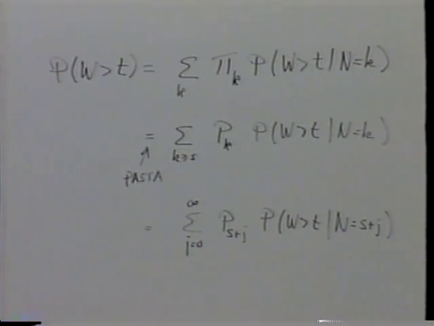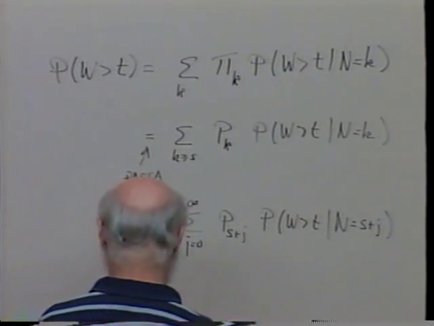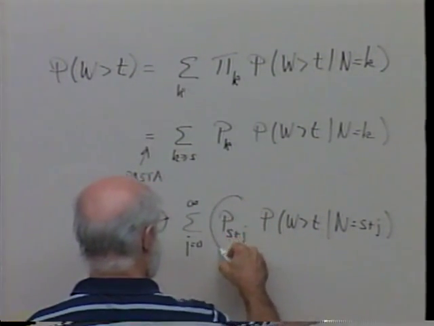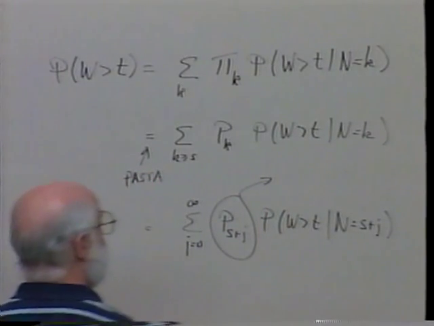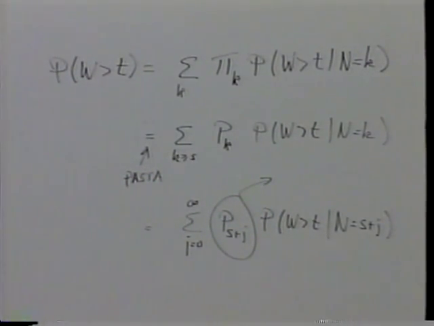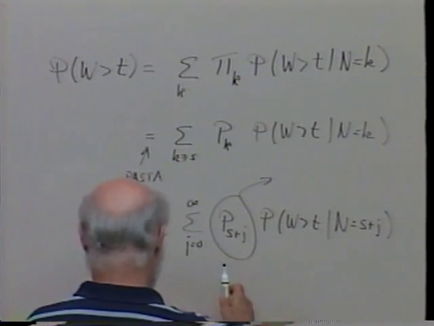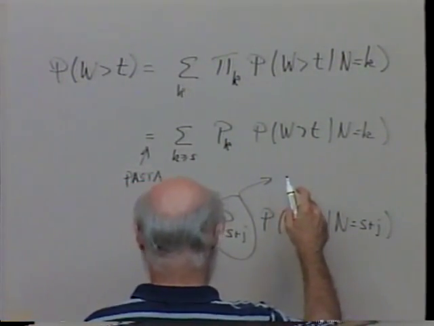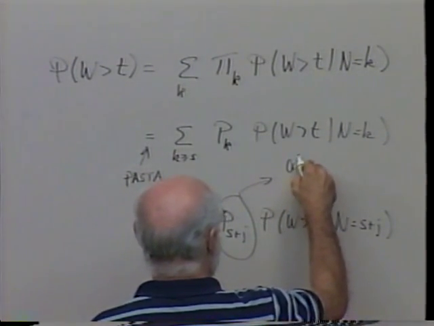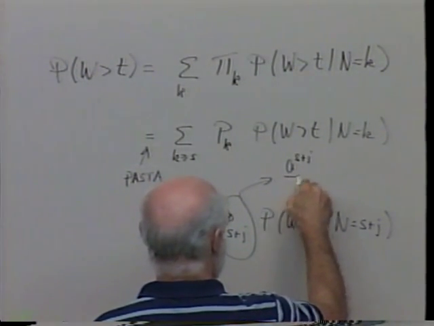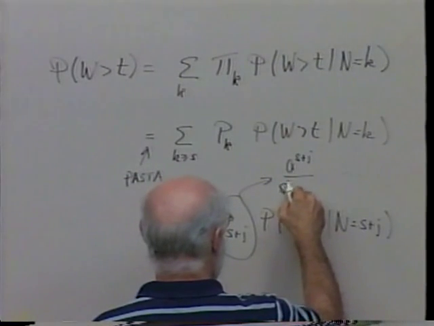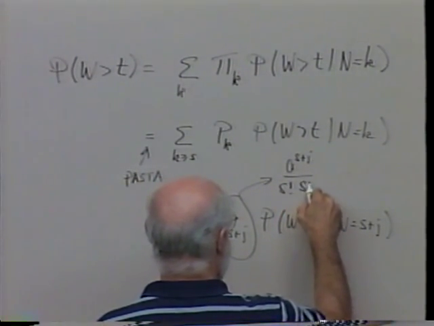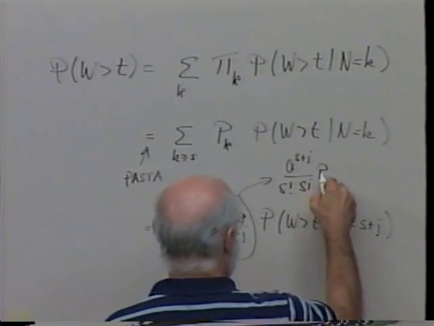Okay, now, what is this piece right here? Well, these are just the state probabilities with the j that I wrote earlier replaced by s plus j. So in fact, this thing is now a to the s plus j divided by s factorial s to the j times p0.